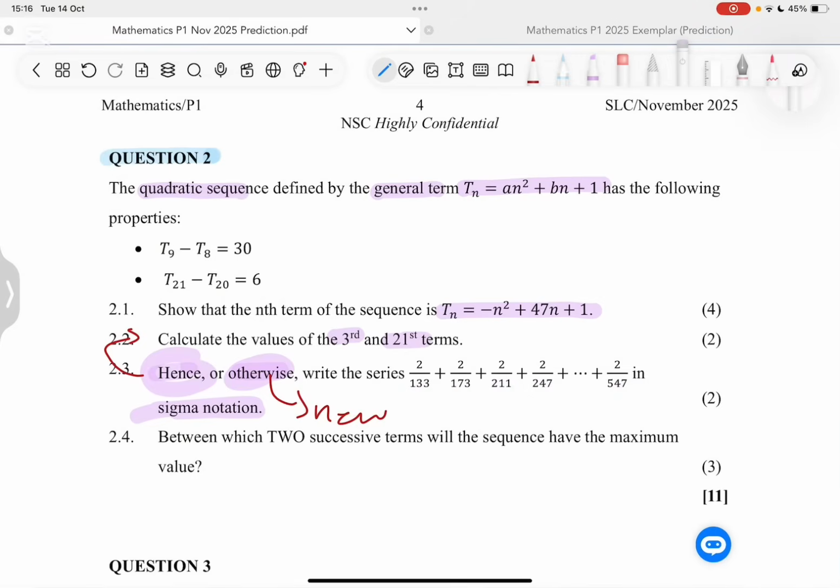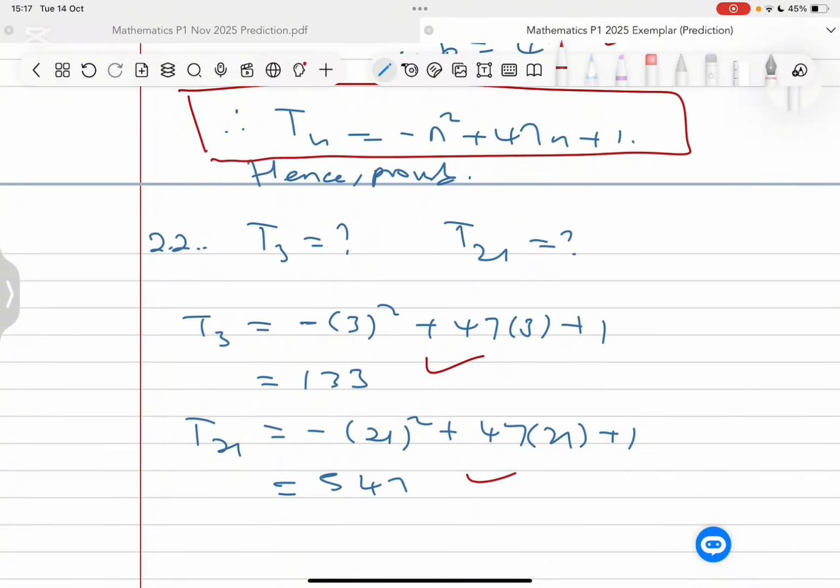Now, when you look at these numbers, and you look at the previous question, as I said, when they use the word hence, they tell us that we must go back to the previous question and see if we can continue taking that information to answer this question. When you look at term 3, it came out to be 133.